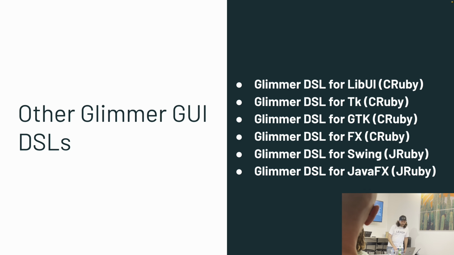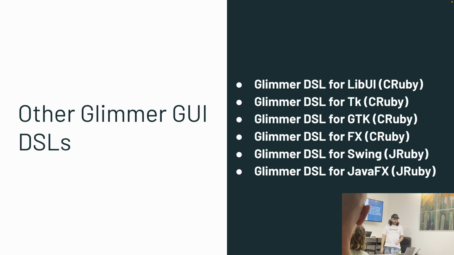This is a JRuby library. That was the very first Glimmer library that was built. Eventually, the idea became so interesting and applicable that it became a good idea to apply to CRuby as well. So the most complete CRuby flavor of Glimmer is called Glimmer DSL for libui. That's the one that got demoed to Matz, the creator of Ruby, early this year and won the award.